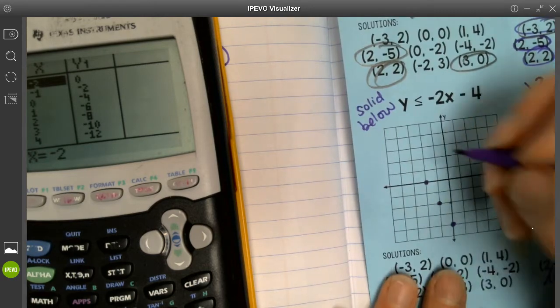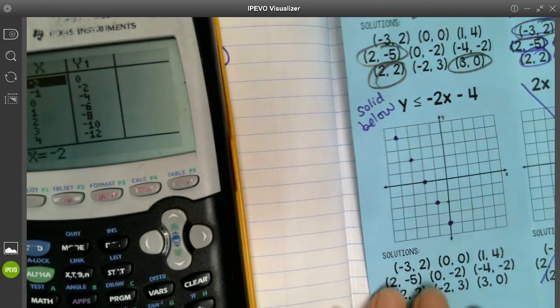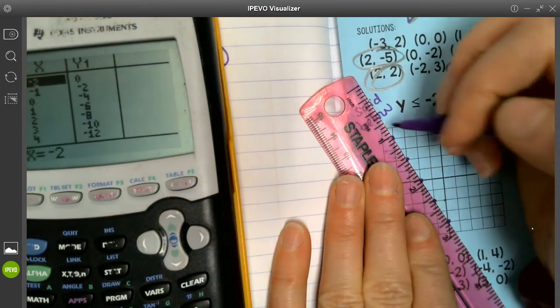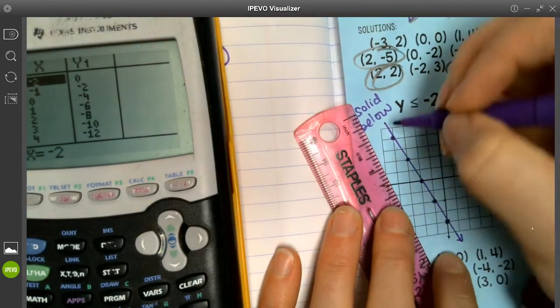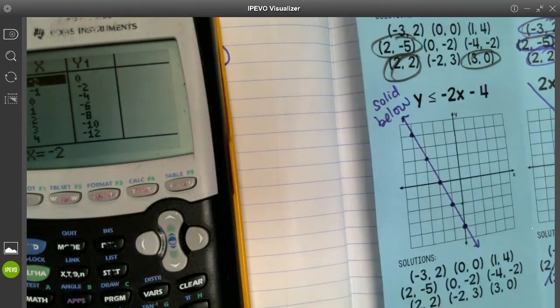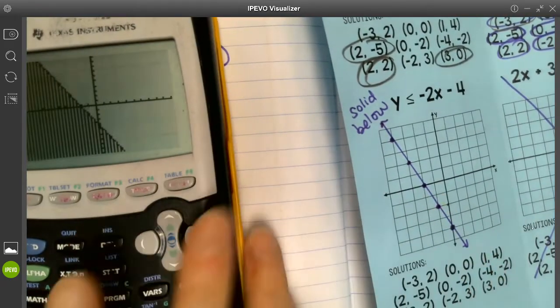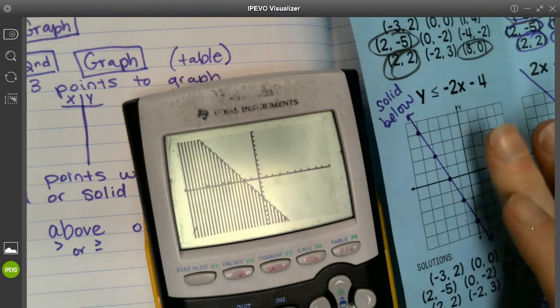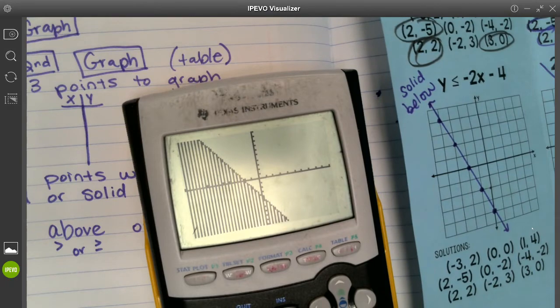It does have a slope of negative 2, so I can go up to left 1. So I fill in the whole thing. So if I need to look back, I can remember snow on the roof would be over here if it was greater than, but it's below, so it is to the left side.